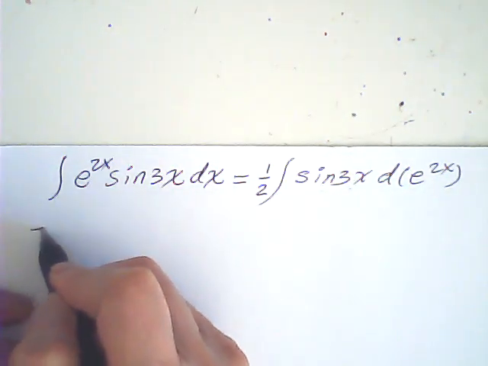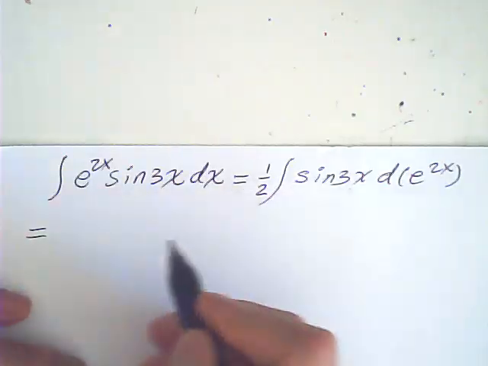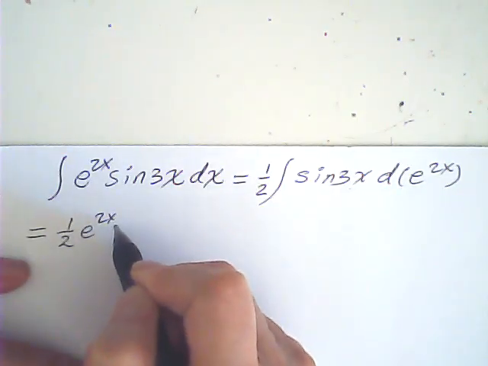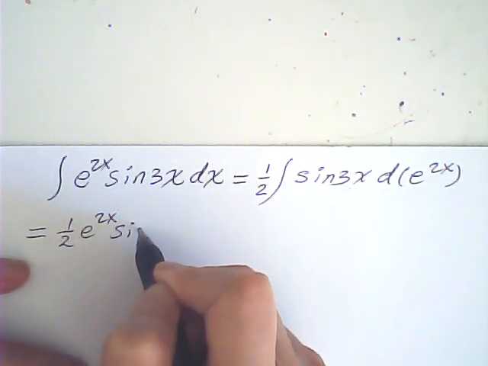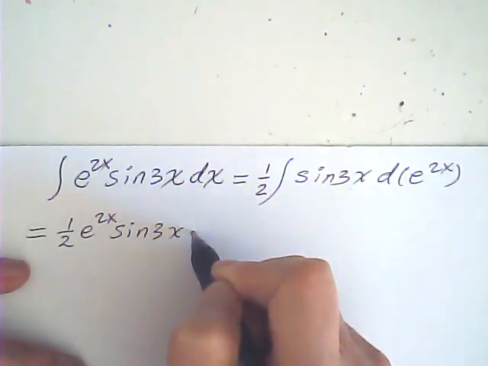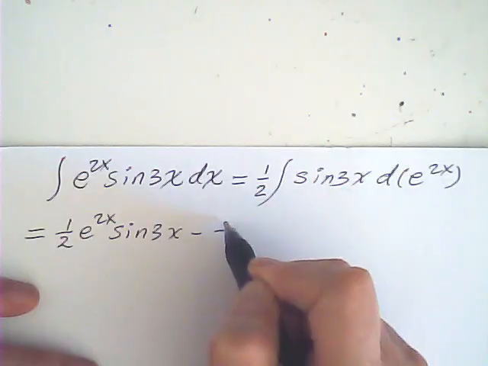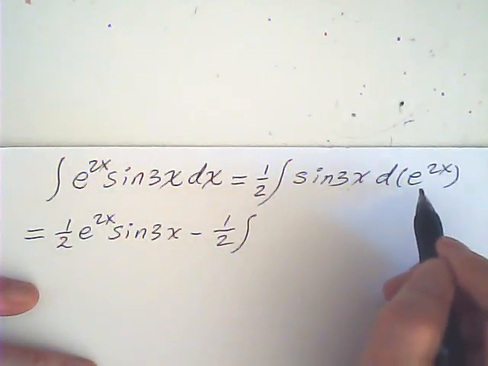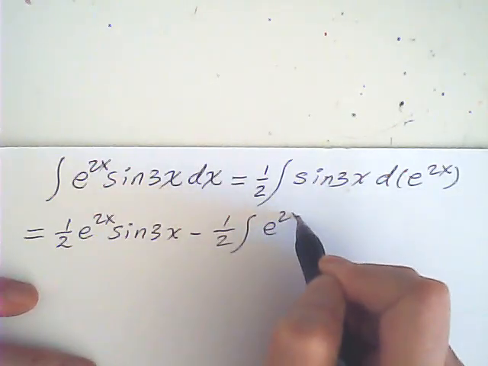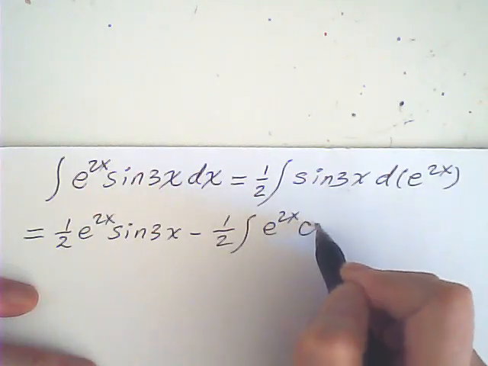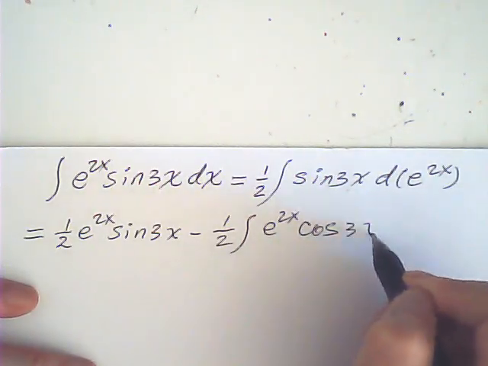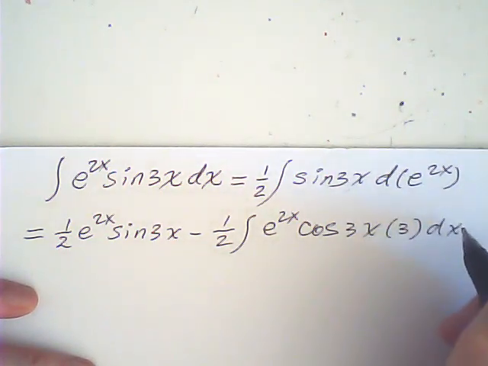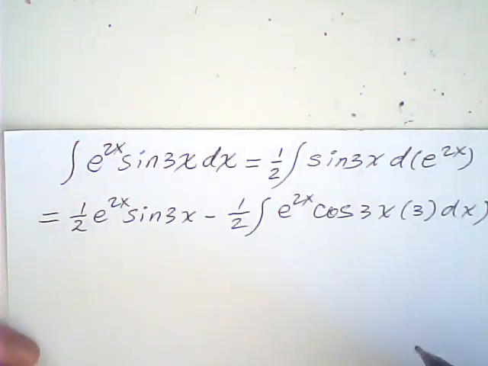Now then, I can start by parts: uv minus v du. v is this, right? du is a cosine 3x times 3 dx. Right? Good.